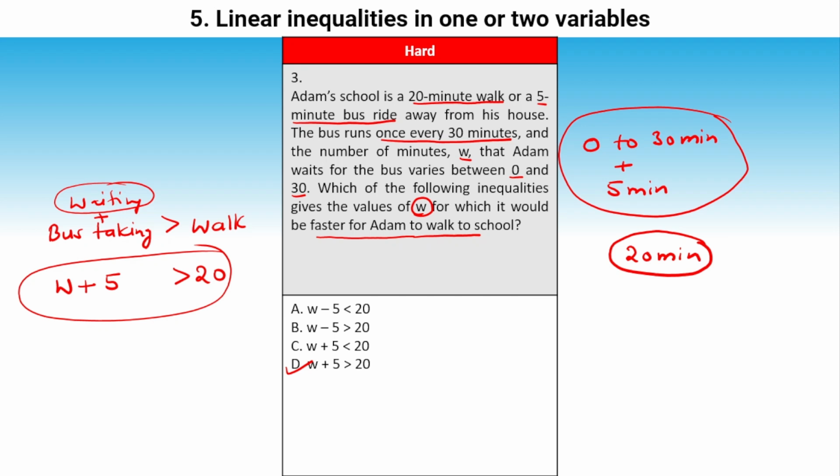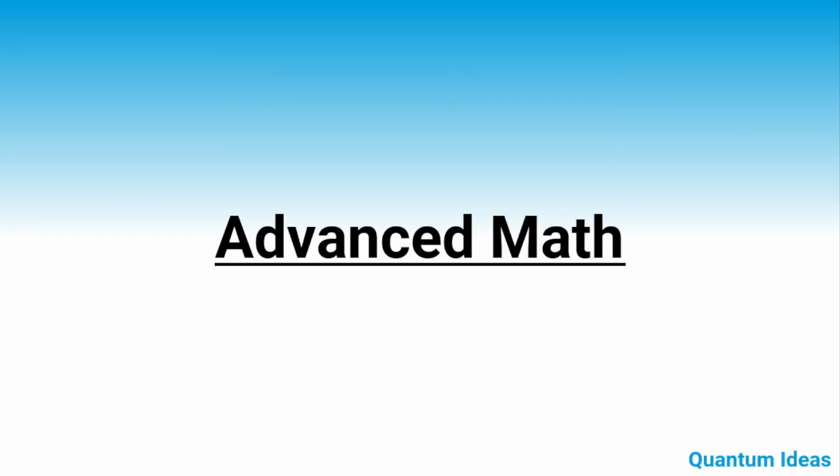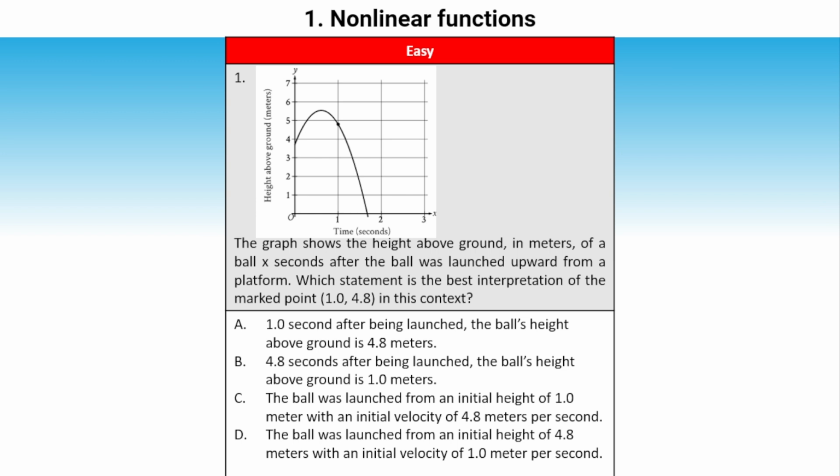Okay, let me go to the next one. Next one is advanced math. There is a non-linear function. Linear means a line, and non-linear means other than a line, where the power of x is greater than 1, like a parabola, for example, and also polynomials.